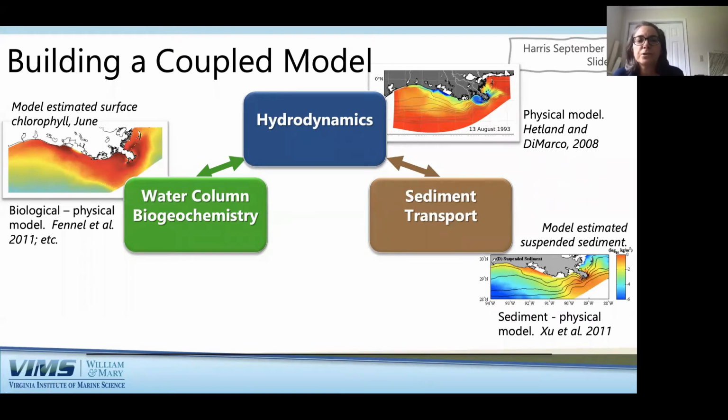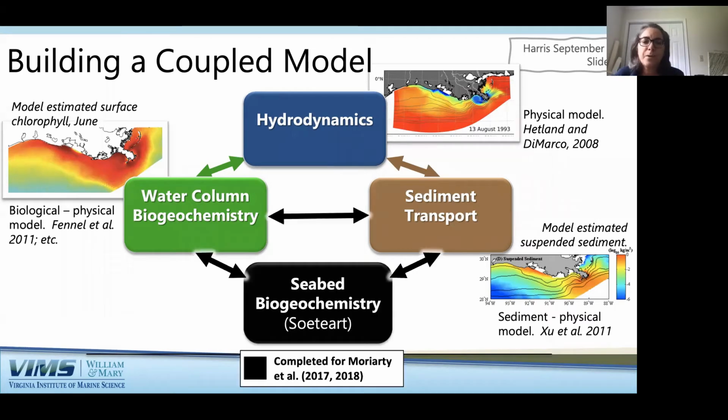And one of the conclusions of Fennell's 2011 paper was that the sediment oxygen demand, and the ways in which the model characterizes it, was a really important piece of the model, and also pretty poorly constrained. So that motivated us to link the sediment transport model and the water column biogeochemical model. And this was part of the dissertation work of Julia Moriarty.